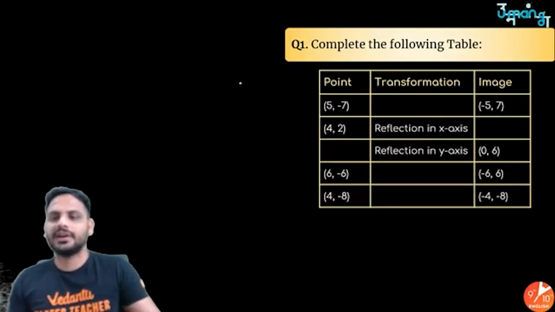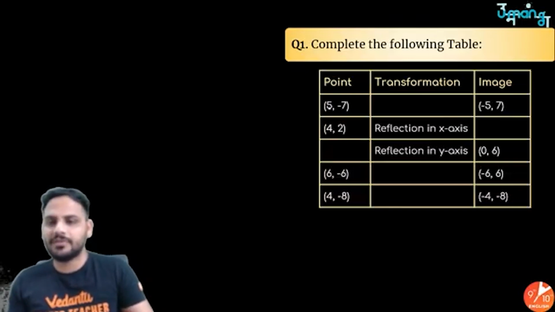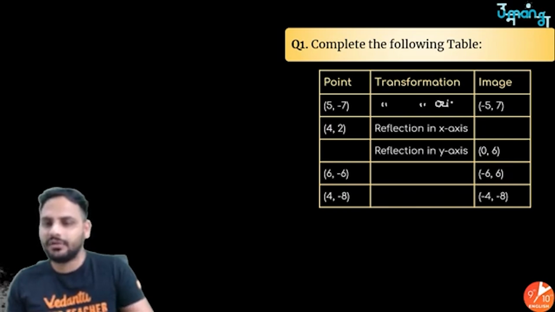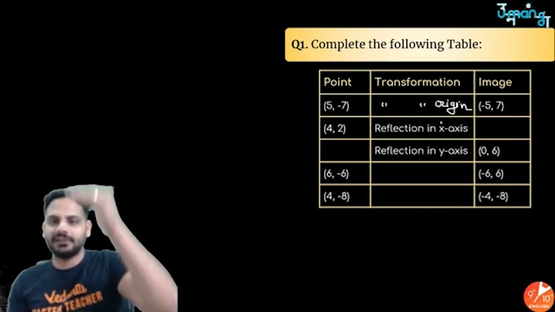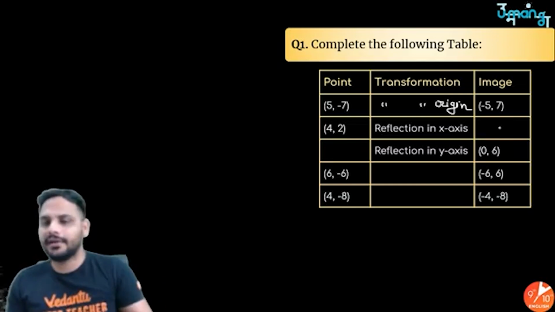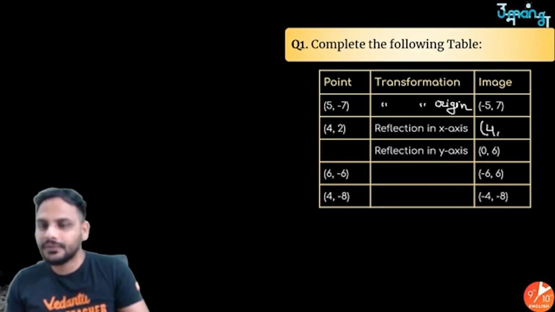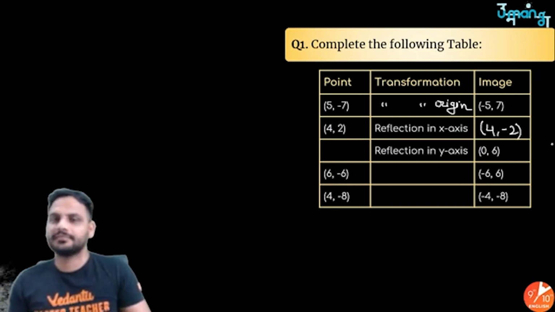Let's solve some questions. First one, complete the following table. See, (5, -7) is transformed as (-5, 7). So you can clearly see x coordinate has changed the sign, y coordinate has also changed the sign. That means the transformation is reflection in origin. Now (4, 2): if I do the reflection in x-axis, the point's x coordinate remains same, y coordinate changes its sign.